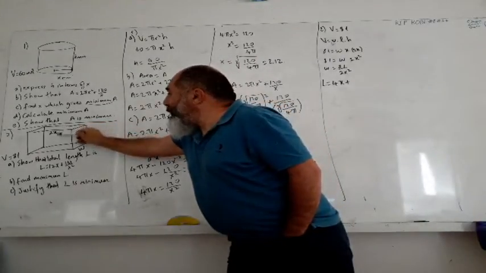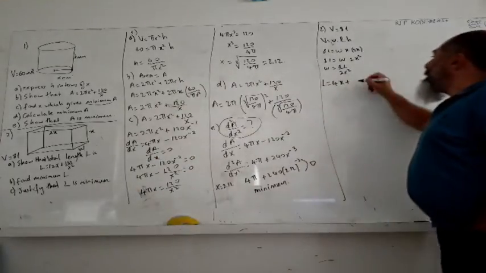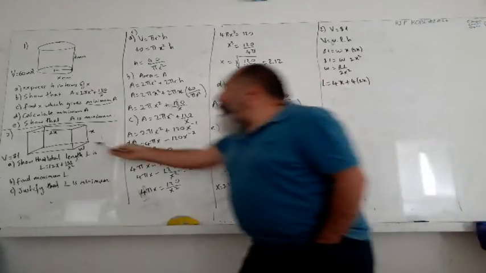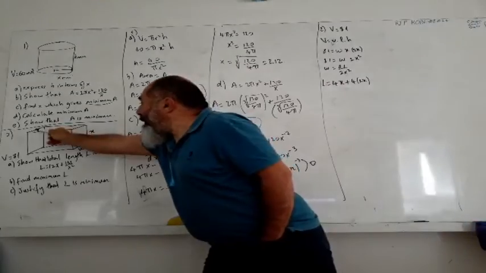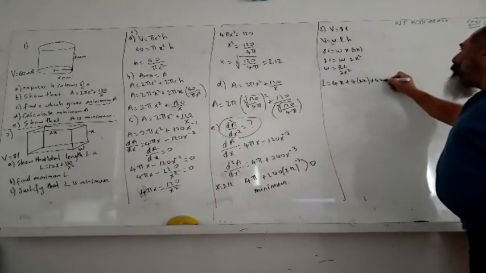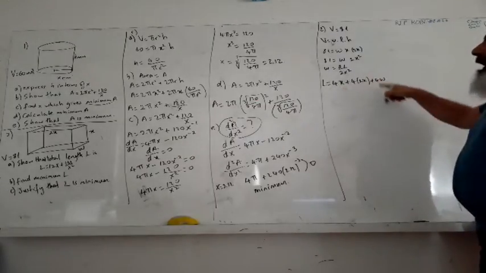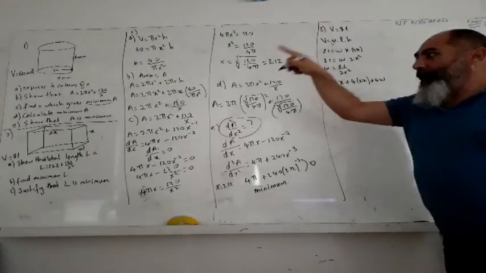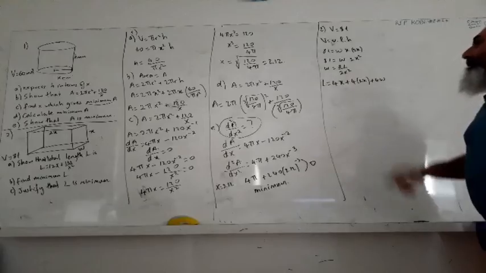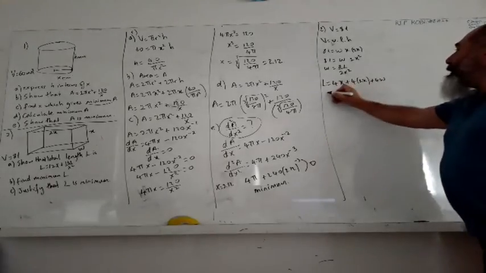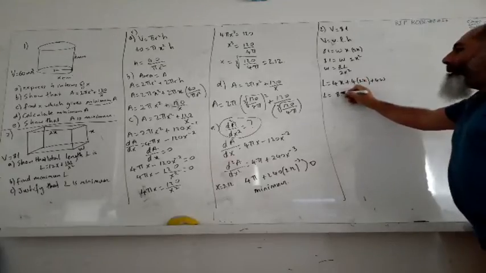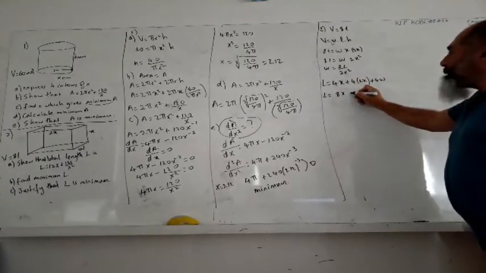And we have 4 widths. These are the total lengths in the rectangular box there. Now, that means we have 4x plus 8x, 12x, and 4w.